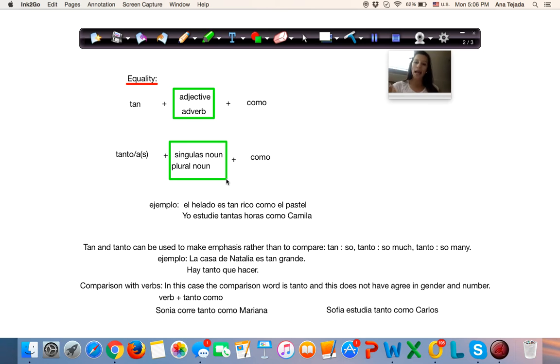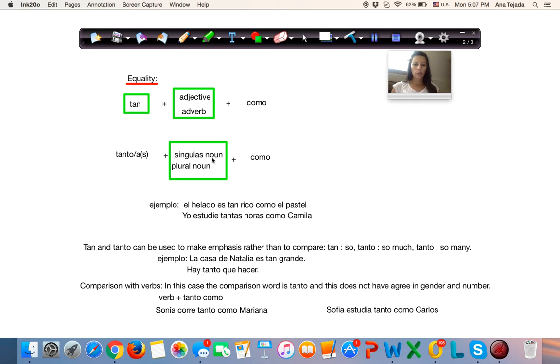Now we're saying it's as much as. When we use only adjectives and adverbs, we're going to use tan, an adjective or an adverb, and como. Por ejemplo, el helado es tan rico como el pastel. Rico is an adjective, delicious, tasty. The ice cream is as delicious as the cake.